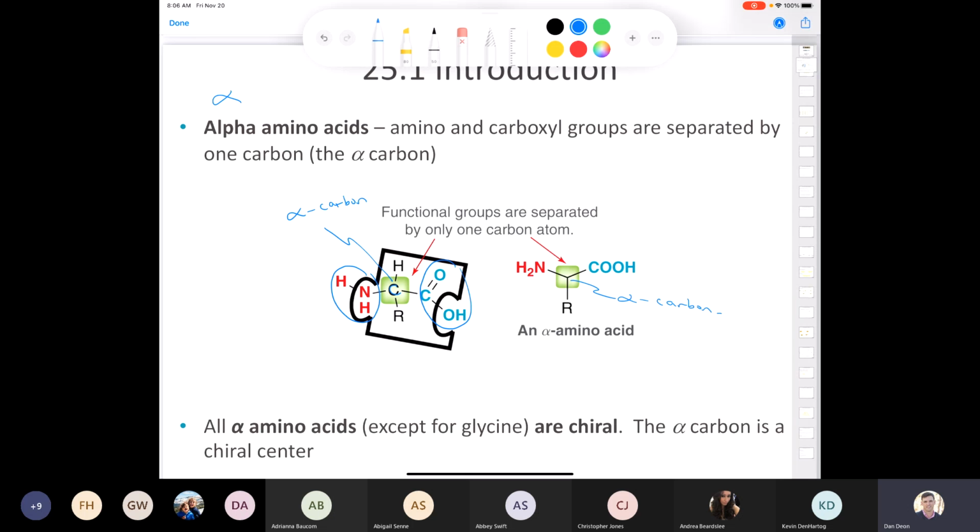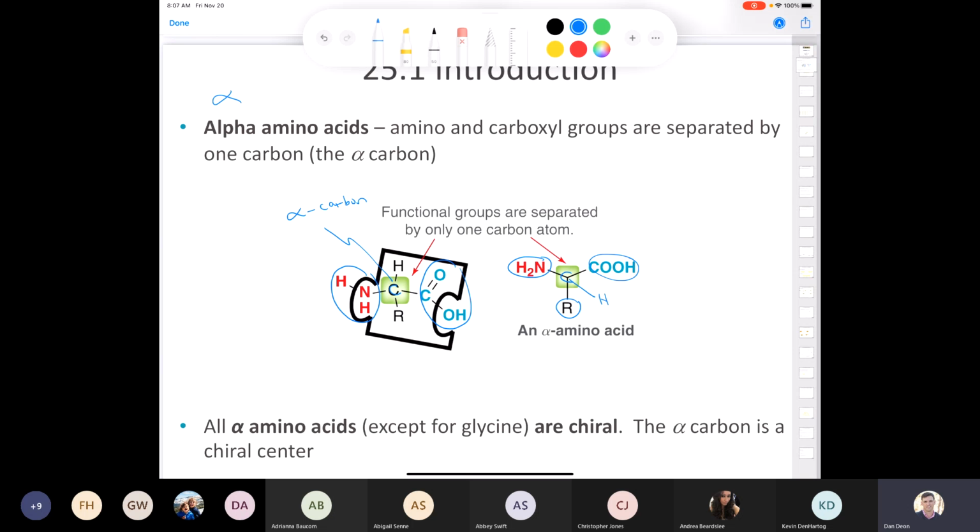Now, something else you probably noticed about that alpha carbon is that it's attached to four different substituents. If you focus on the bond line structure here on the right, you notice that this carbon is attached to an R group, an amino group, a carboxyl group, and there's also a hydrogen, which isn't shown. And so that is a chiral center. It says here all alpha amino acids, except for glycine, and we'll look at what the structure of glycine must be, are chiral.